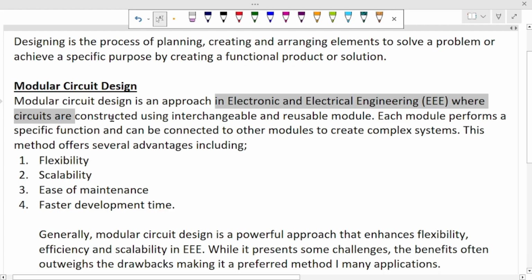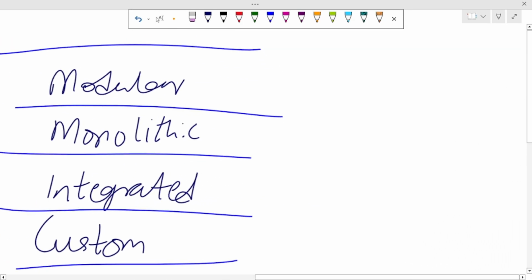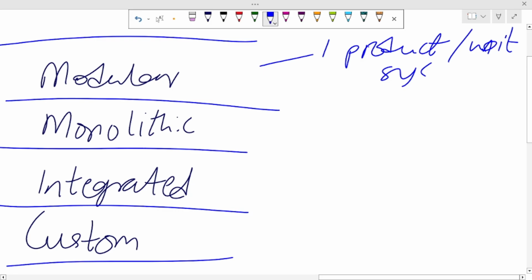The main point is that this modular design is made up of reusable models. That means we have one complete unit, or let's say one product or system.